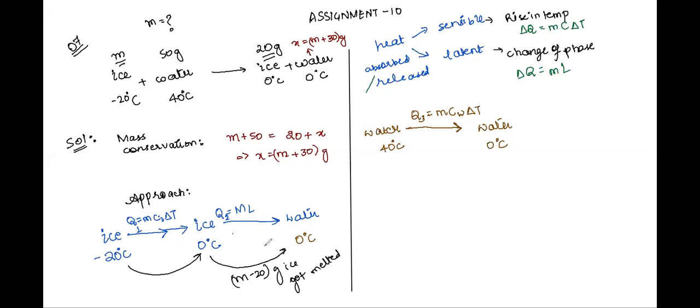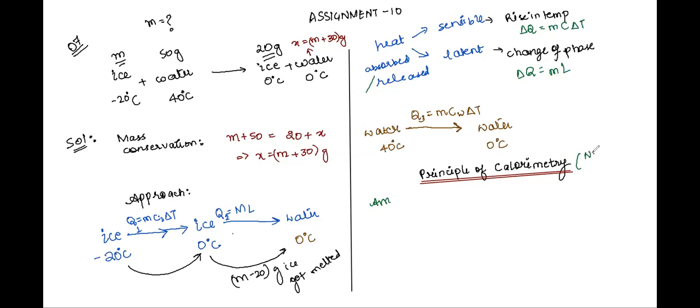So what you're going to do is write this expression of heat. There is a principle, class, called the principle of calorimetry, which we had seen in the last class. This principle says that the amount of heat lost by one substance is equal to the amount of heat gained by another substance if they are placed in close contact and there is no loss of heat.